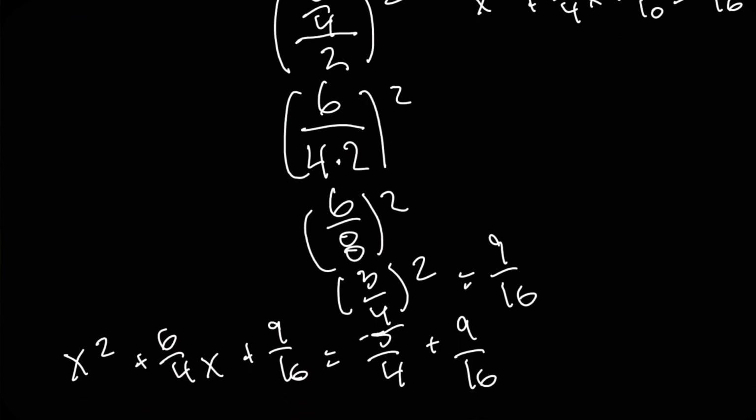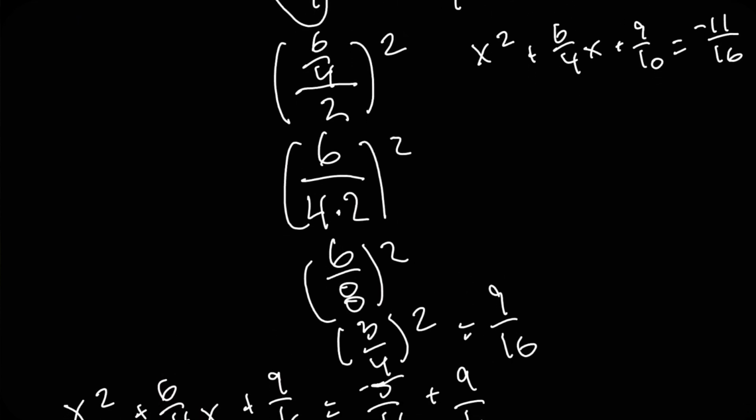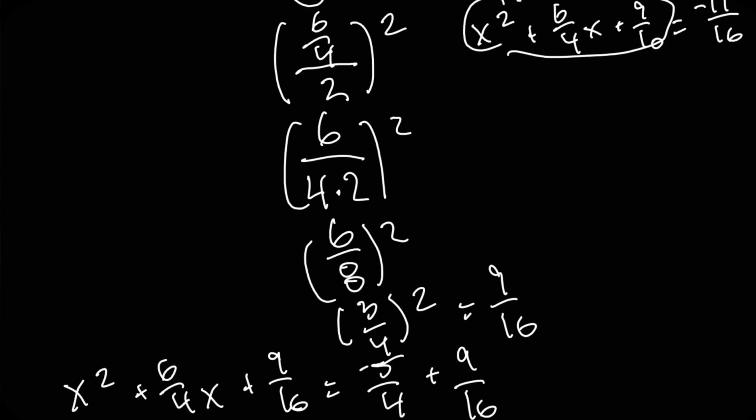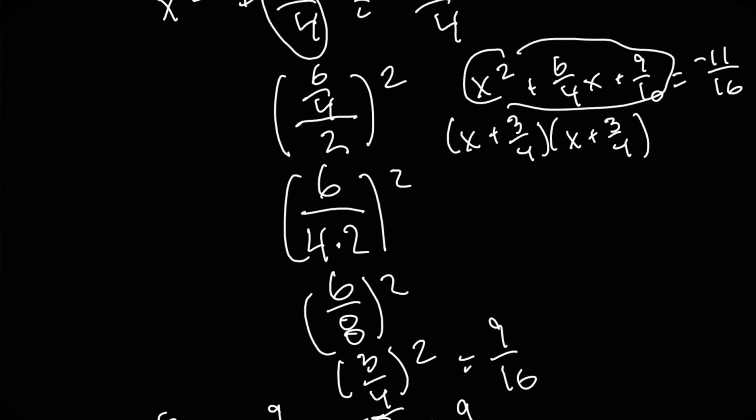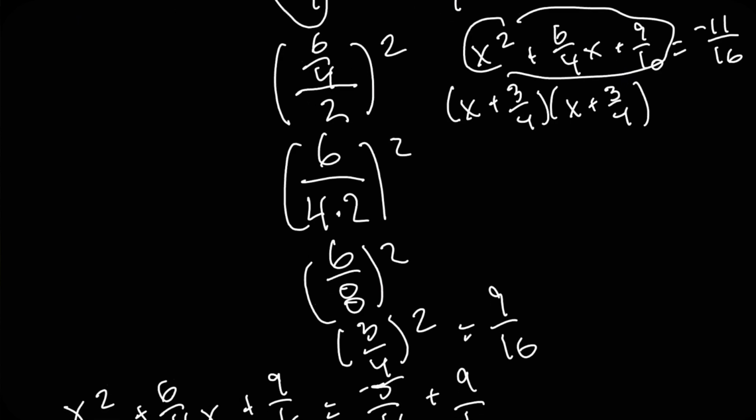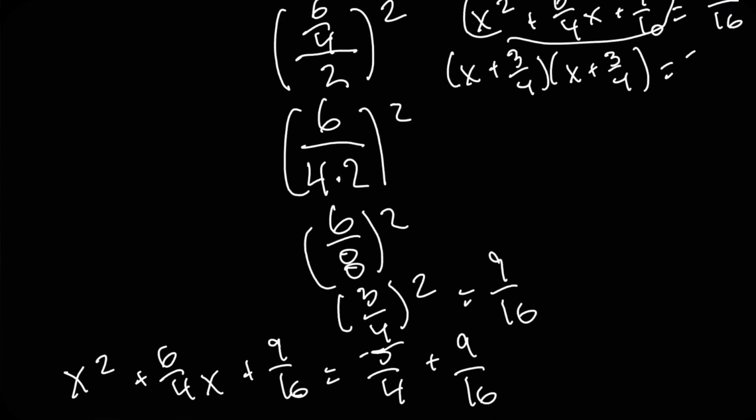And then further reducing this, we can actually factor out this portion right here to x plus 3 fourths times x plus 3 fourths. And the reason being, 3 fourths plus 3 fourths will give us the 6 fourths, and then 3 fourths multiplied by 3 fourths gives us the 9/16, and that's going to be equal to negative 11/16.